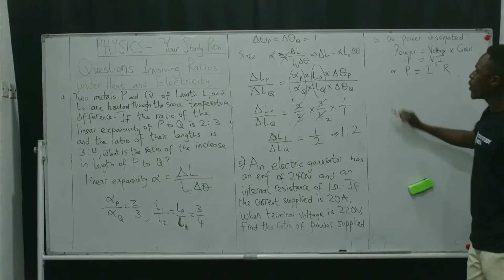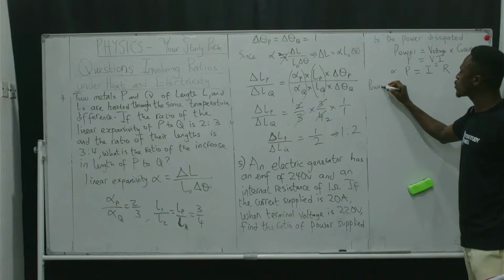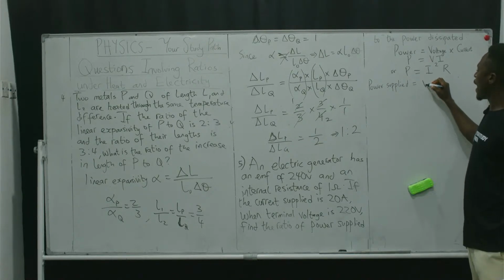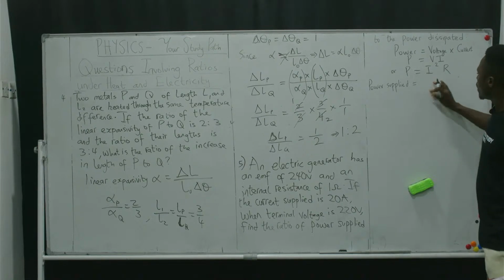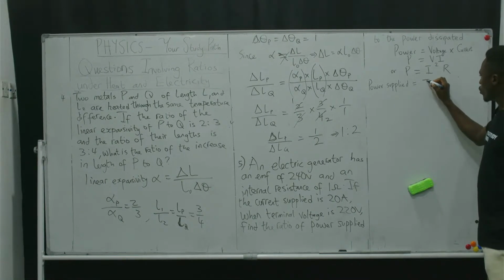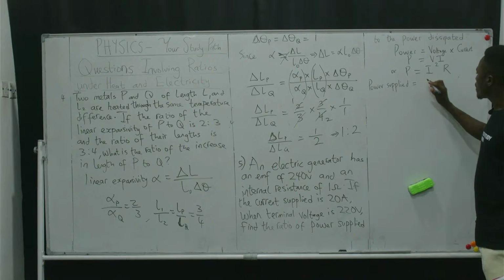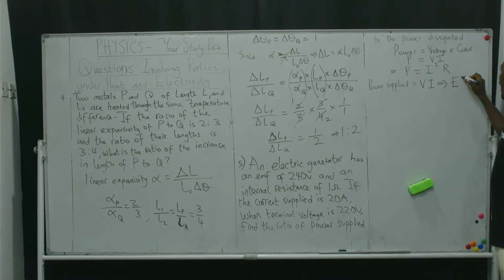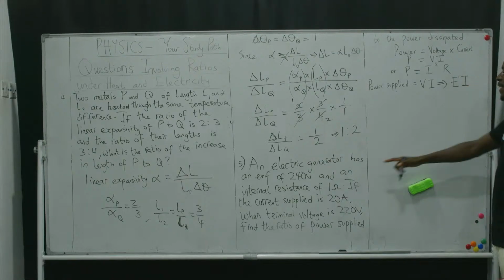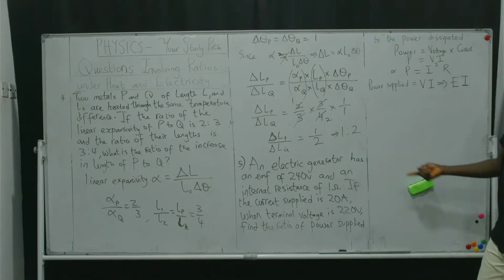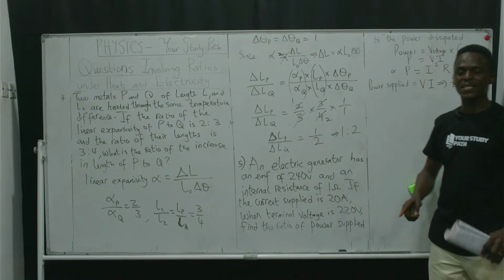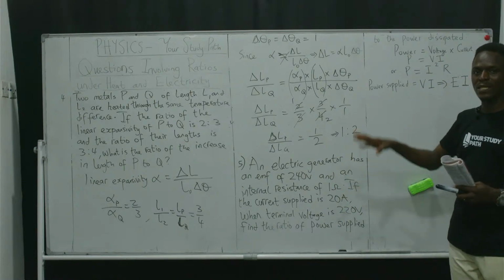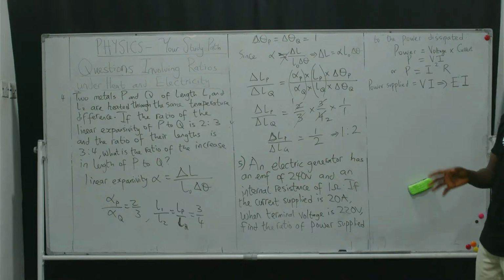In this case here now, power supplied will be equal to VI, but note, it's going to be what? Watch. Instead of VI, this will translate to EI. Why am I using EI? EMF. Note, the generator has an EMF. That is the original supplied voltage before you now have internal resistance affecting and creating a drop in the total value.